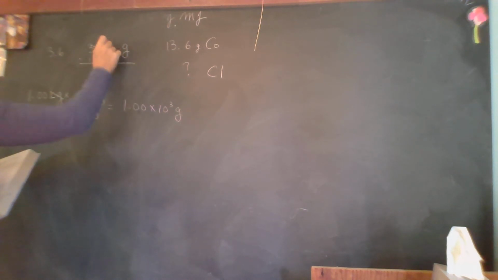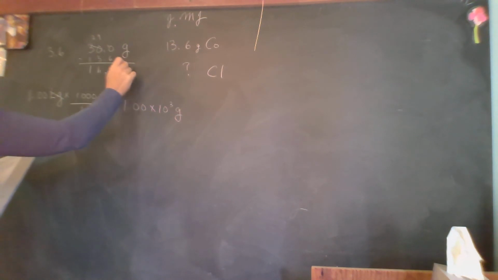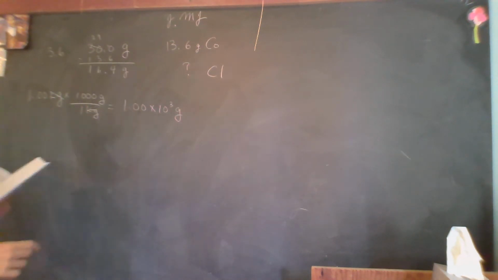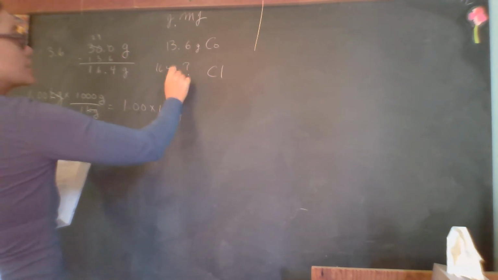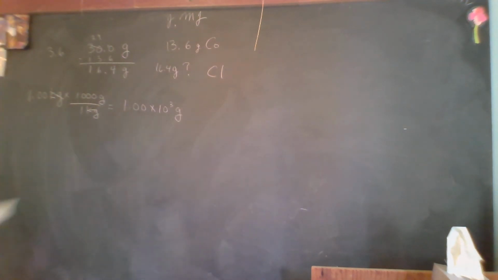It doesn't tell us that anything was left over, so we're going to assume that nothing is. Okay, so we used 16.4 grams of chlorine to make this magic purple powder.